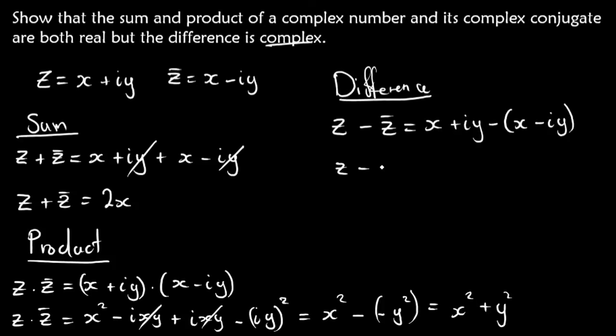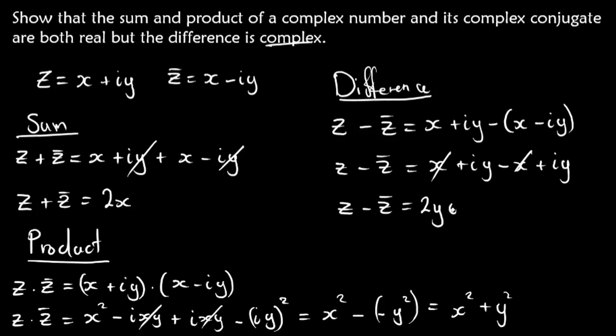So z minus z bar is equal to x plus iy minus x, and negative times negative gives us a plus iy. So the x cancels the x, and we'll only remain with iy plus iy, which will be 2y with the i. And this is completely a complex number, or rather an imaginary number.